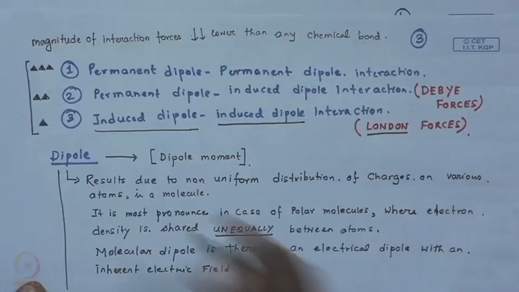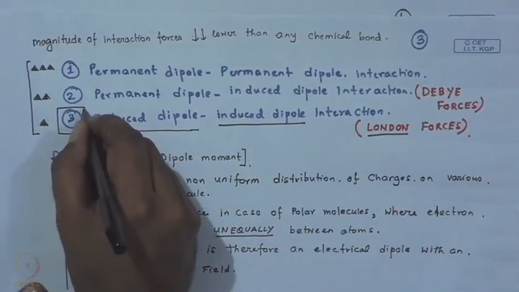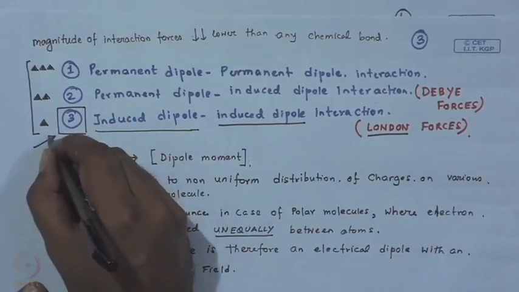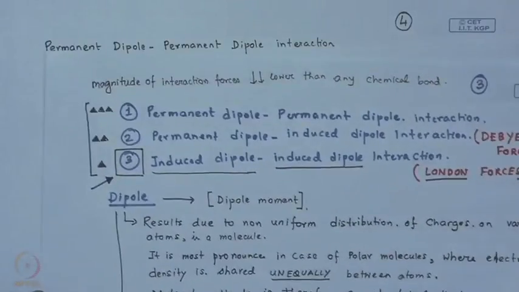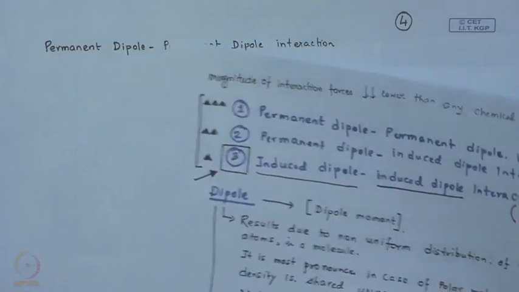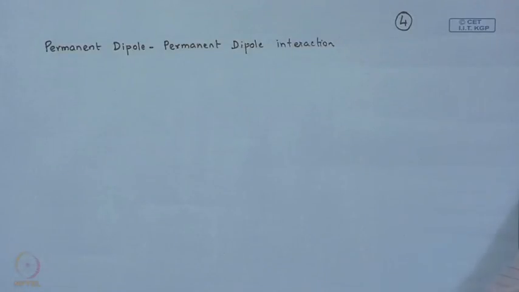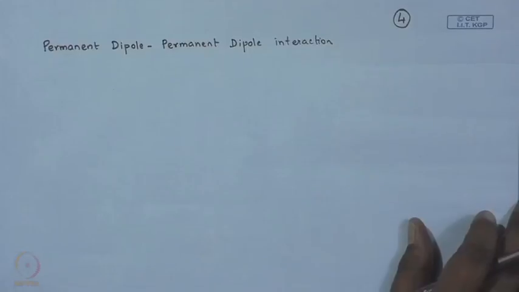Okay. So, I will give you a few minutes to think over why in our context this particular force is very important, while I talk a little bit about the permanent dipole type and the permanent dipole induced dipole type interaction.